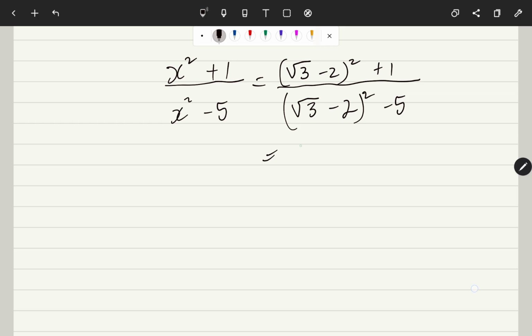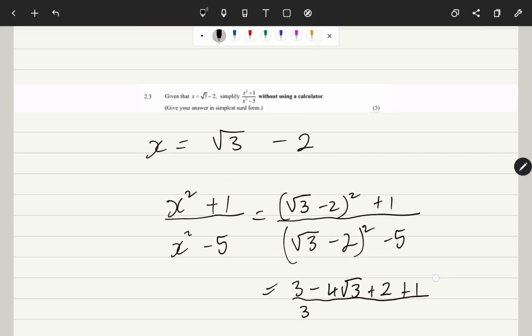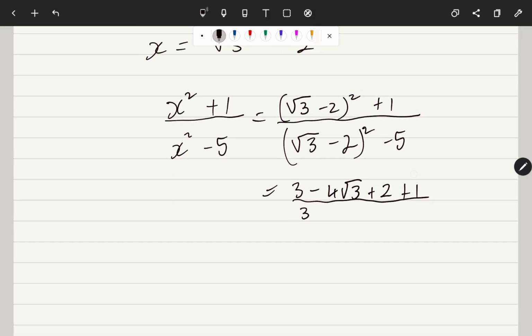So on our numerators we're gonna have 3 and we're gonna have 2. It's gonna be negative, so we have 2 multiplied by root 3, that's 2 root 3. We multiply by 2 and then that's 4 root 3, and then it's positive 2 plus 1. So we have sort of the same thing here.